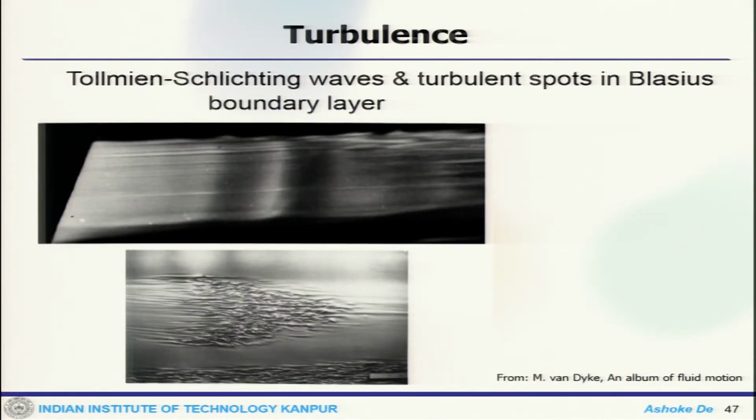Now, this is another very well known picture, which shows Tollmien-Schlichting waves and turbulent spot in the Blasius boundary layer over a flat plate. If you look at the boundary layer, these are the waves that you see when the flow goes through transition to become turbulent.